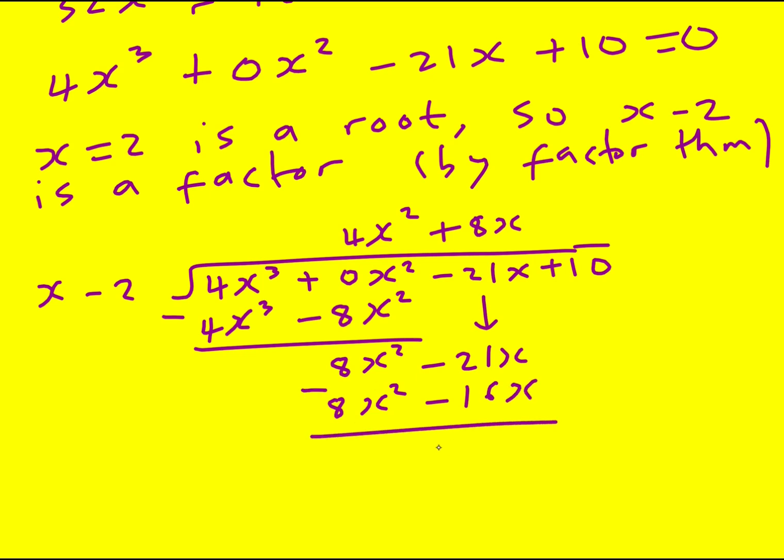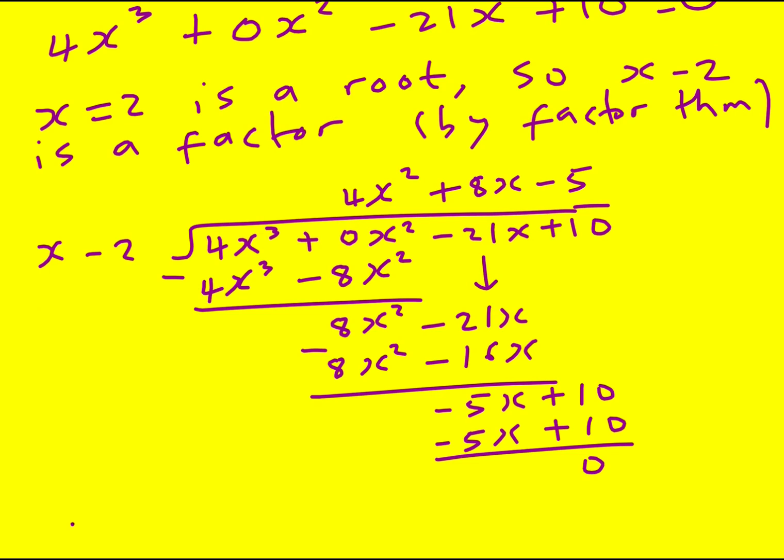Subtract. Going to get minus 5x now. And then minus 5. Hooray, 0. So therefore, x minus 2, and then what we're left with, 4x squared plus 8x minus 5 is equal to 0.